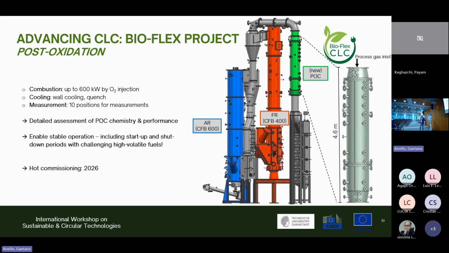So most importantly, instead of cooling away the generated heat just by adding water quenching, we will now have wall cooling, similar to a membrane wall system, as it could be used in an upscaled plant. We'll also include much higher ranges for the thermal load that can combust there, so that we're able to operate this plant not only in perfectly stable operation, but also during load changes, where we have to expect, at least for short periods of time, high oxygen demands.